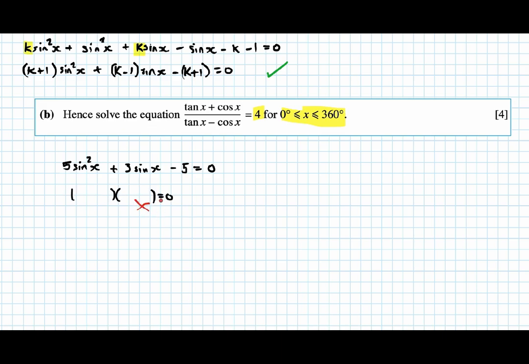I don't think so. So we'll use our quadratic formula. Minus 3 plus or minus root of 3 squared, which is 9, minus 4 times 5 times minus 5, which is 100, over 10. 2 times 5 is 10. And from there, you'll get your calculator to do the work for you.